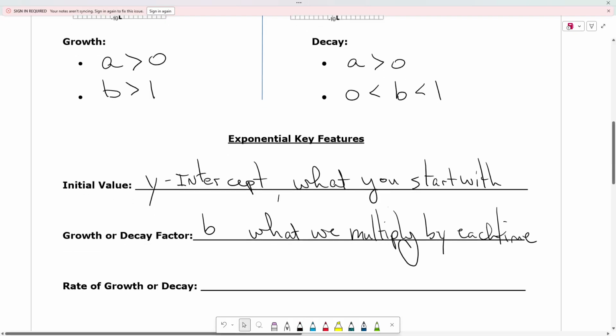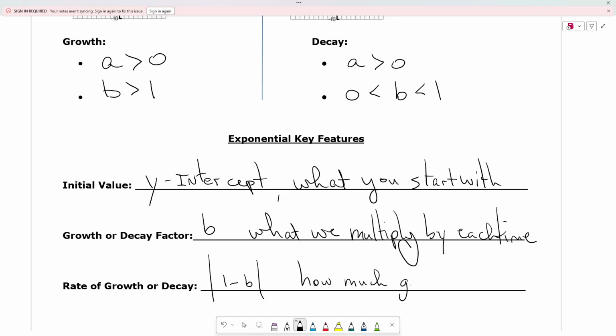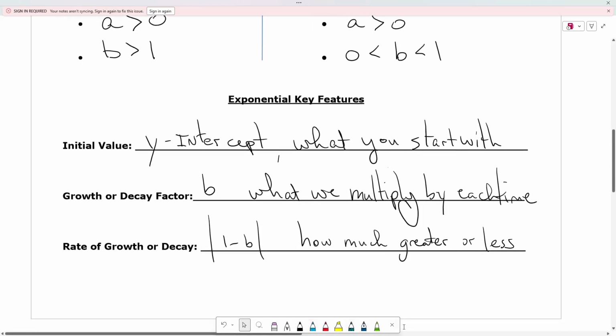And then we have to figure out, what is our growth rate? How much are we actually growing each time? To find that, I'm going to take the absolute value of 1 minus b. That's how much greater or less than 1 that b is.